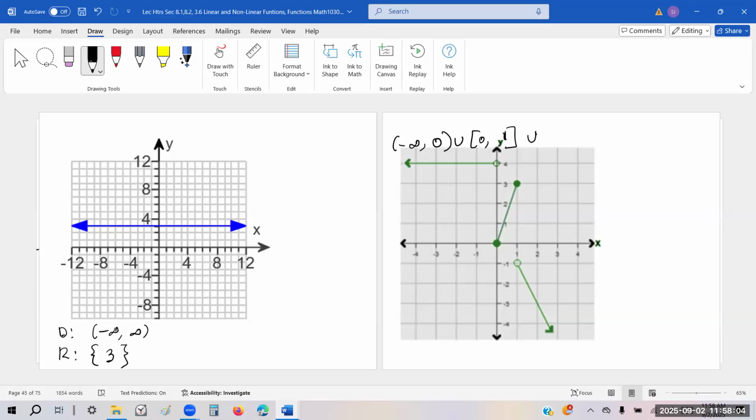And then we look at the third piece. So our smallest x is 1 here. We get parenthesis 1 because it's an open circle. And then this piece is going on and on forever. So what is the largest x? The right side gets positive infinity.